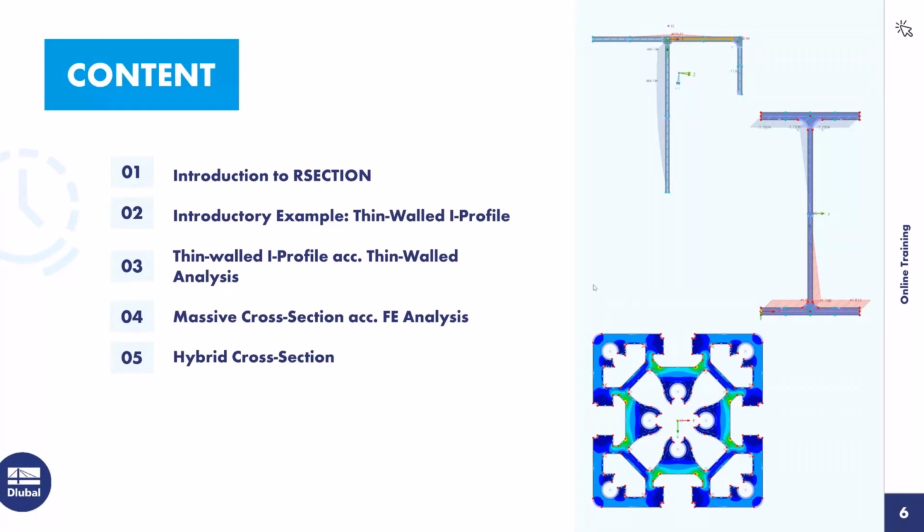The RSECTION user interface is the same as in RFEM 6 or RStab 9. The cross-section graphics and dialogues are displayed in the working window. Most tasks can be performed with the mouse. In the table here at the bottom, the keyboard is primarily used for numeric input and output of the results.